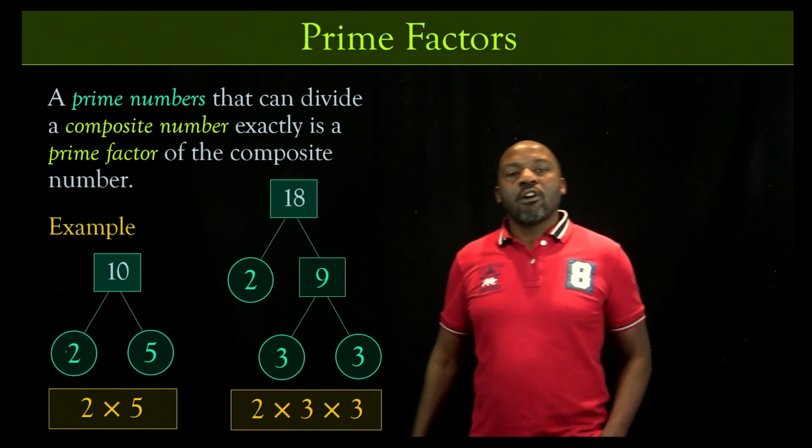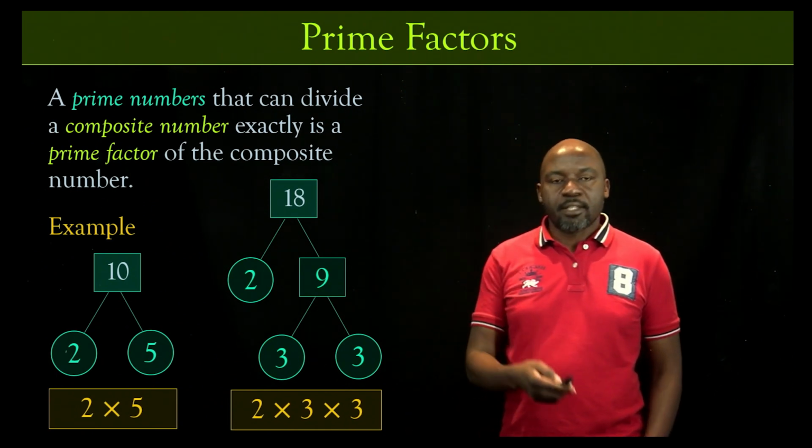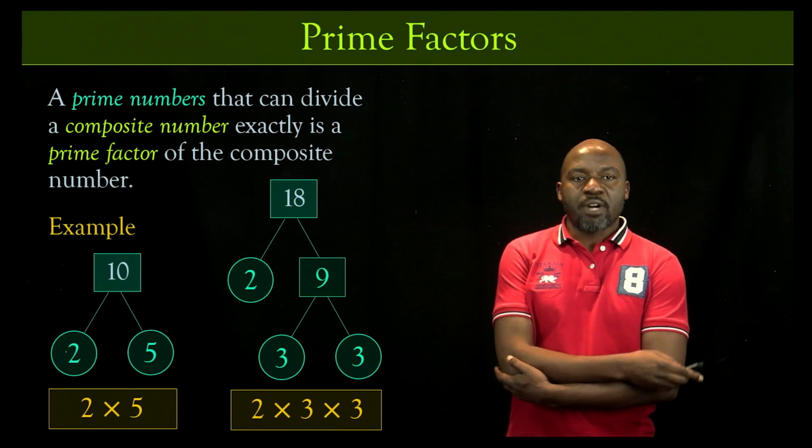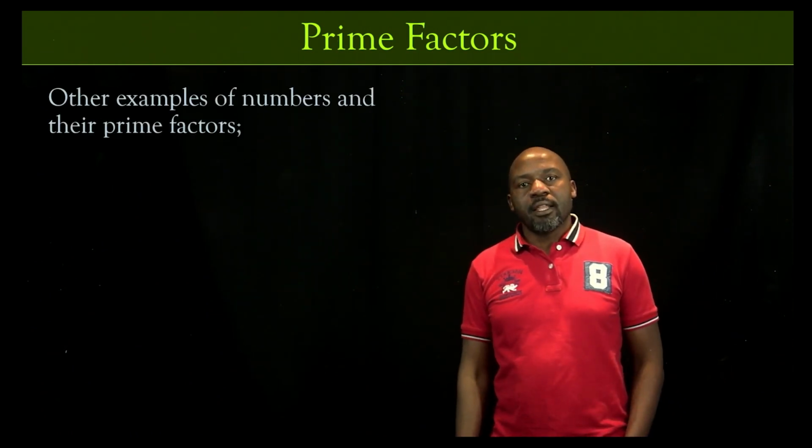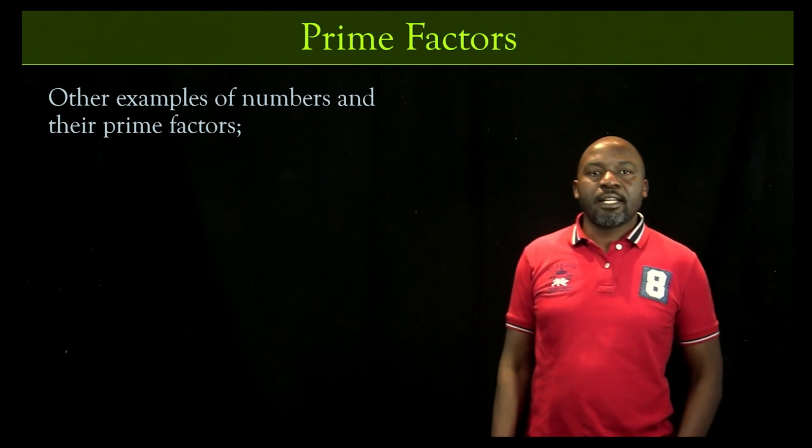Any composite number can be expressed as the product of prime factors. Here are the examples. I'm just writing them directly.